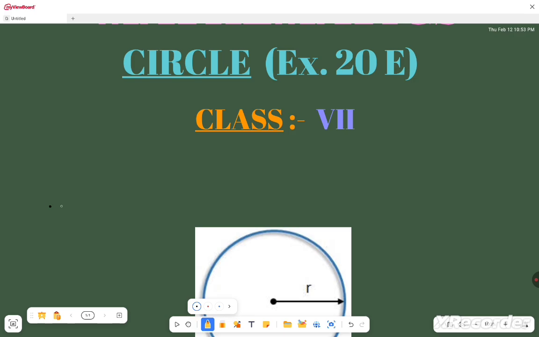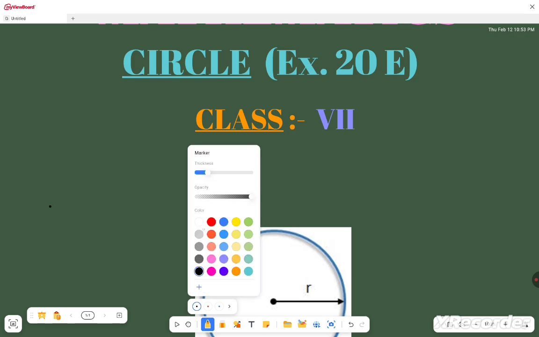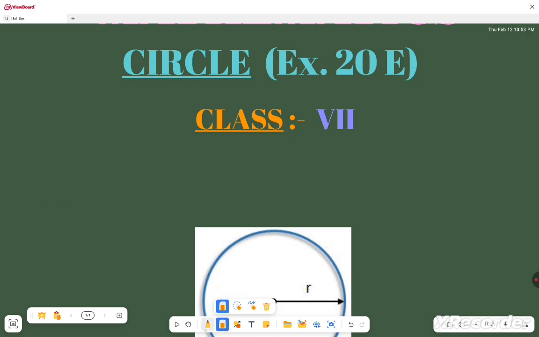So these are cones, all these are different shapes. Now in today's video we are going to discuss circle. We all know that a circle is a closed figure, so it is categorized under closed figures.